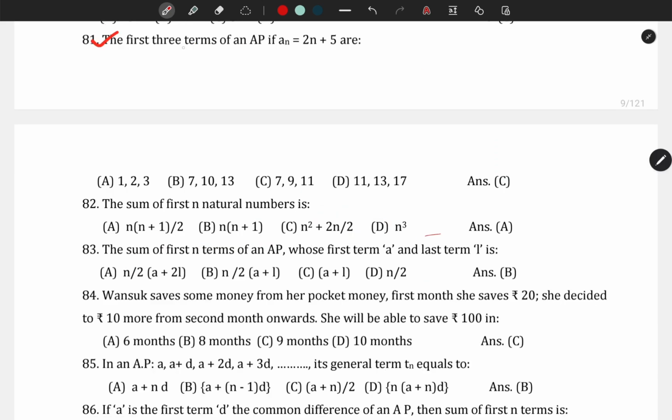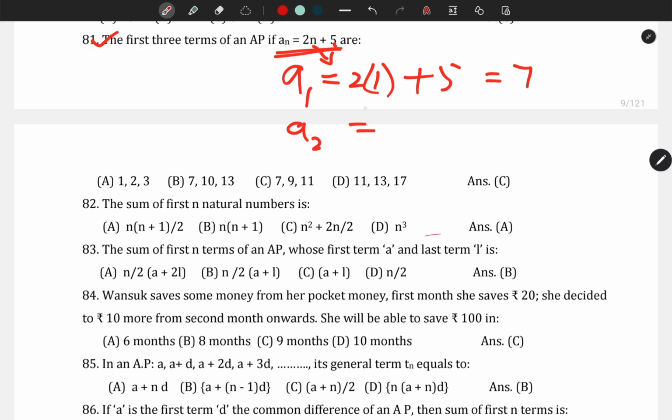Next question. The nth term of the AP an is already given. You have to find the first three terms a1, a2 and a3. So for a1, in place of n you simply substitute 1. So 2 ones are 2, plus 5 is 7. Then for a2, in place of n you put 2. 2 times 2 is 4, plus 5 will make 9.